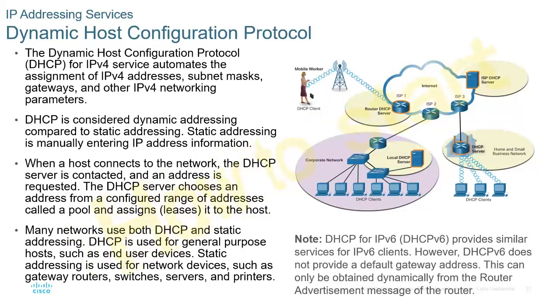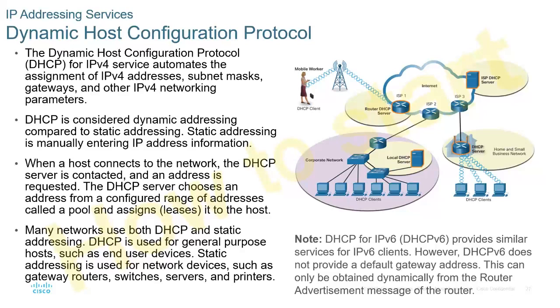The administrator can configure a pool of 1,000 addresses, 5 addresses, 10 addresses, whatever. The DHCP server can only lease addresses out of that configured pool. DHCP for IPv6 is slightly similar, but there are some oddities with that. So we're not going to dive too much into IPv6 or DHCP.